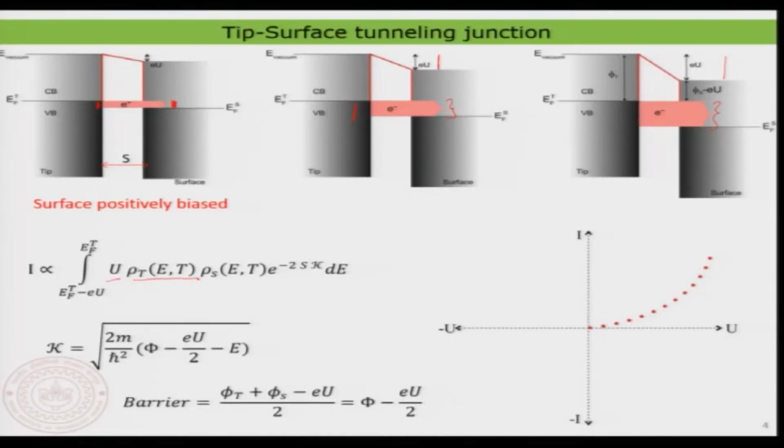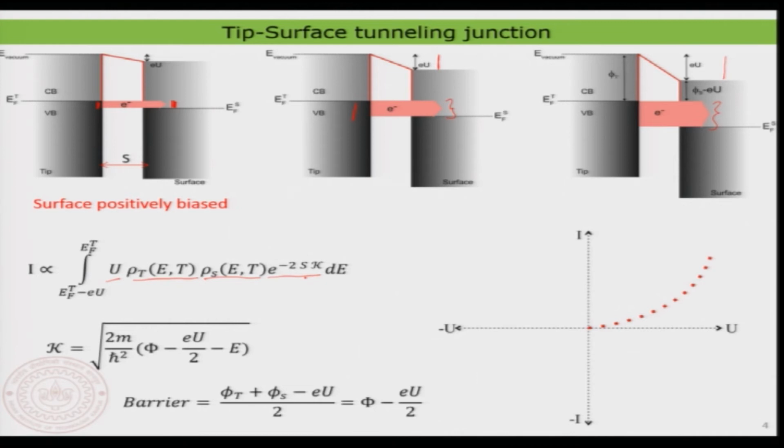So, we can therefore write down the current expression as again the voltage, the density of state of the tip, the density of state of the sample, and then you have this component, the exponential factor, which is taking into account the tunneling probability.